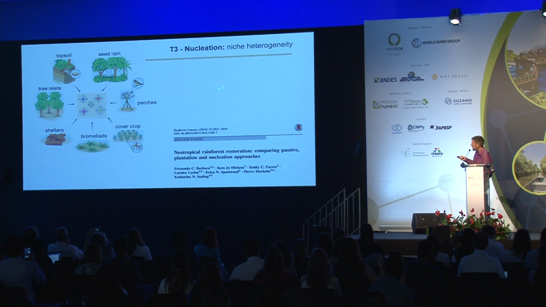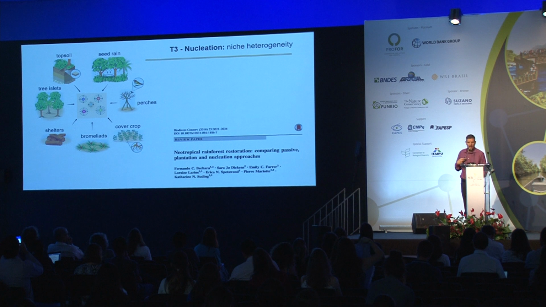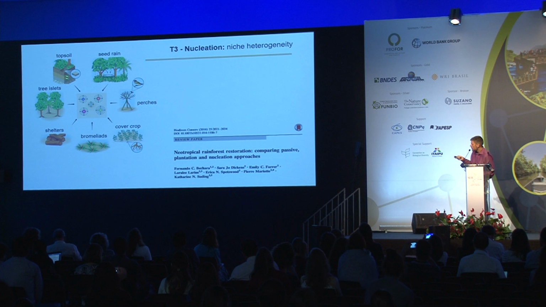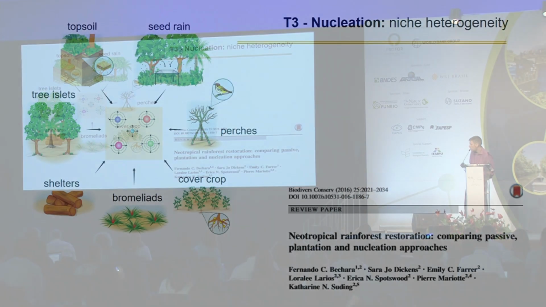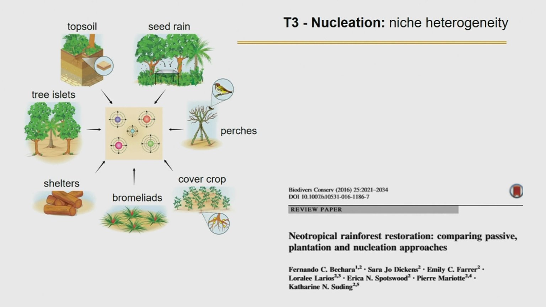Here we have different techniques, and the idea is to promote a higher niche heterogeneity. So we are using seed rain, topsoil, perches, and artificial shelters for animals. We do bromeliads also. We don't just plant trees here, but other life forms.